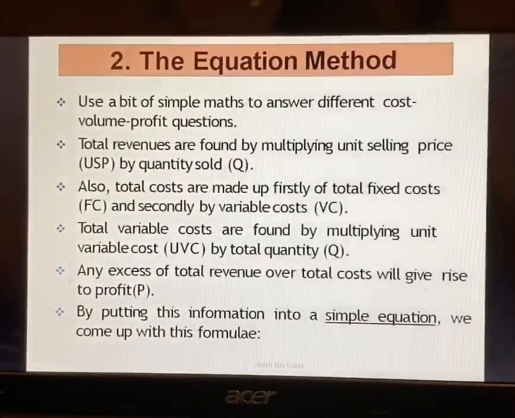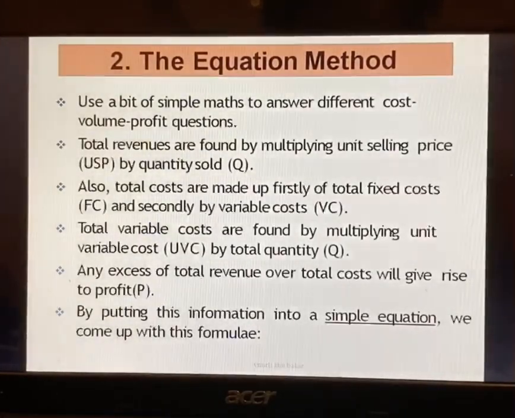The second method is the equation method. This method uses a bit of simple maths to answer different cost, volume, profit questions. The total revenues are found by multiplying unit selling price by quantity sold.